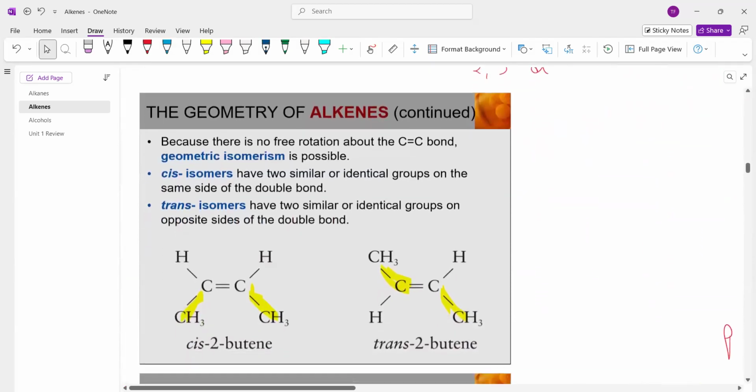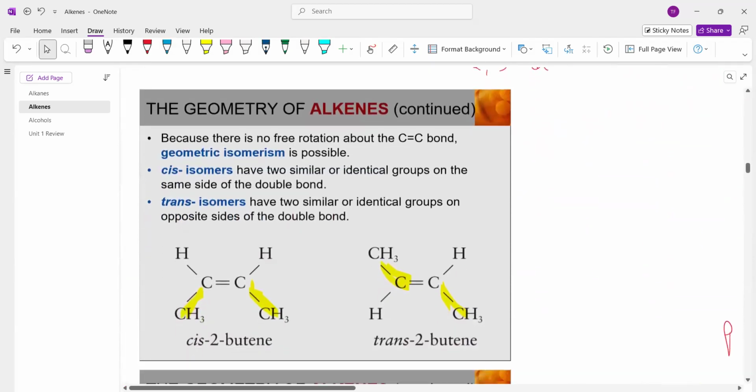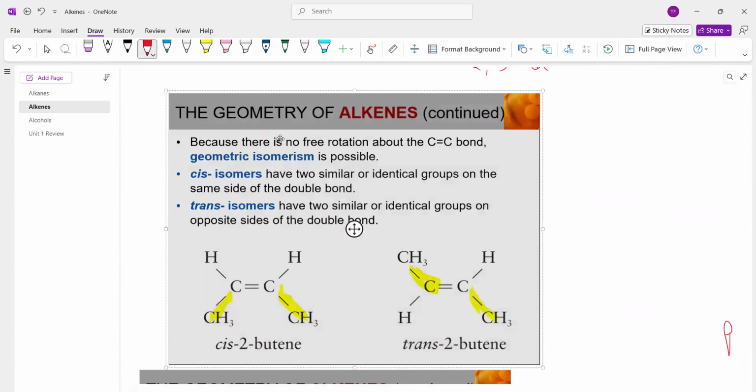Okay, so we talked about this already. No free rotation. Hence, we have to look at, in this case, the methyl group going the other way, is it a different molecule?